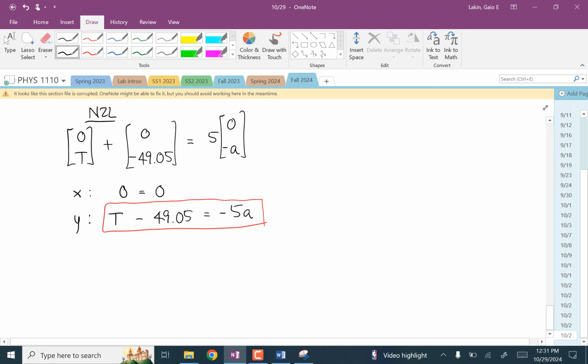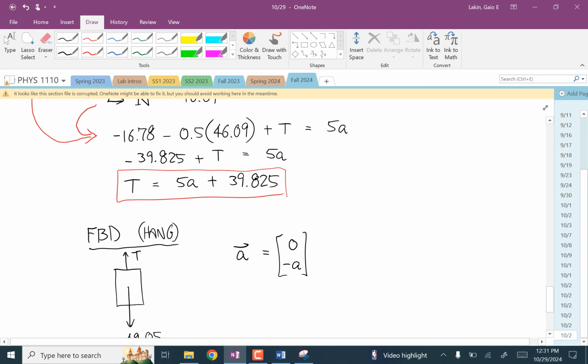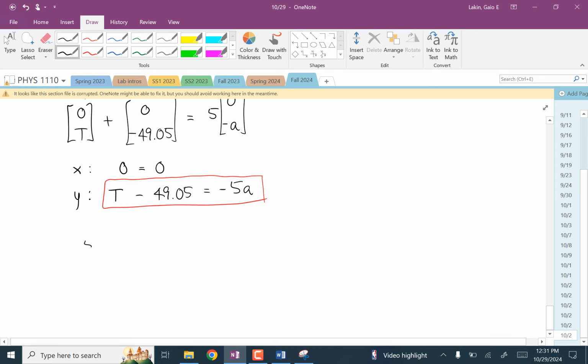So we get that T is equal to 5a plus 39.825. That's what the first equation says T is equal to. Minus 49.05 is equal to negative 5a.